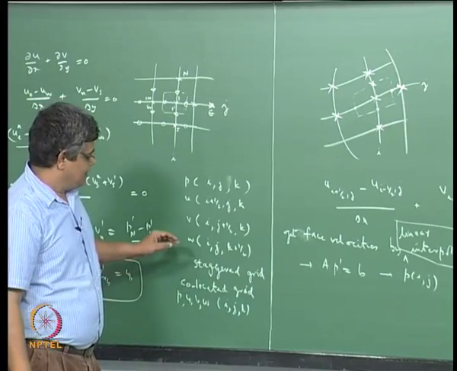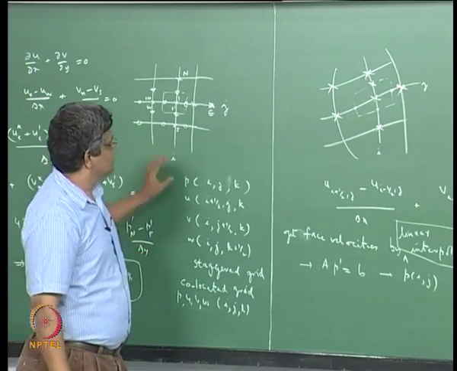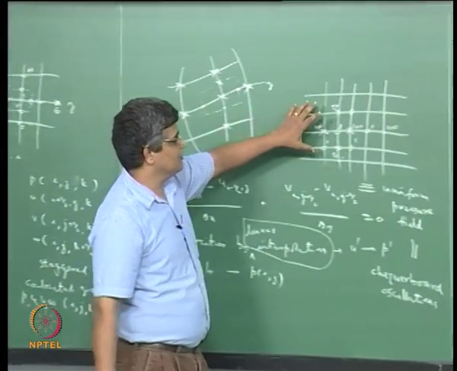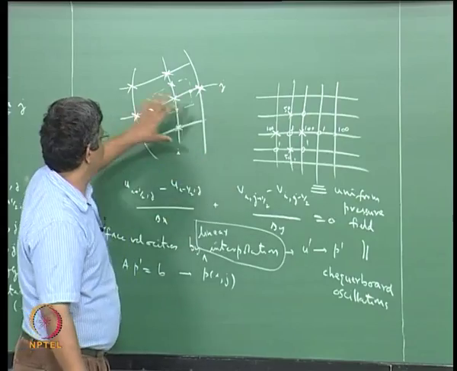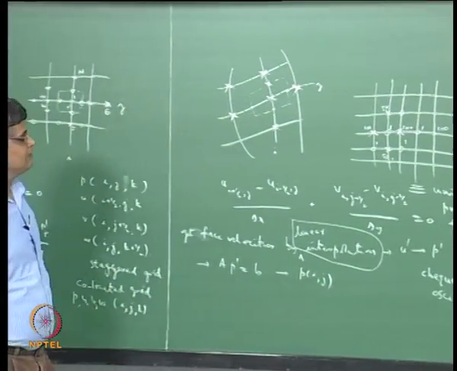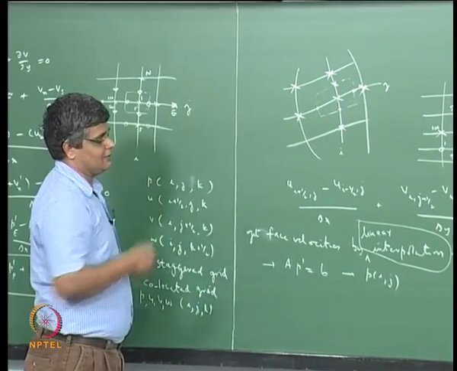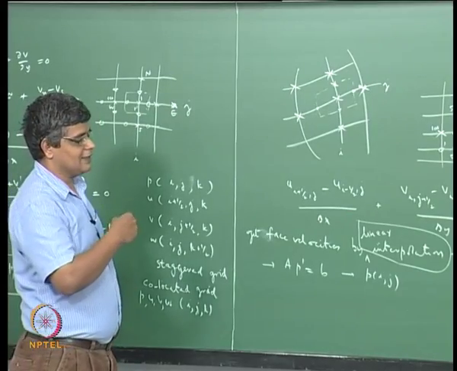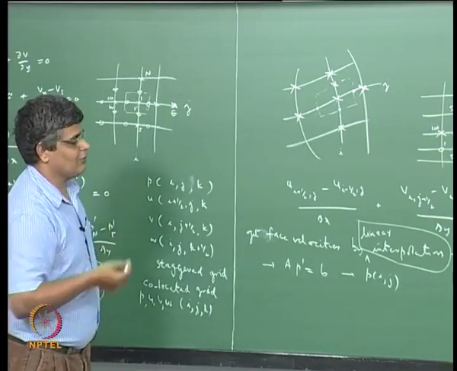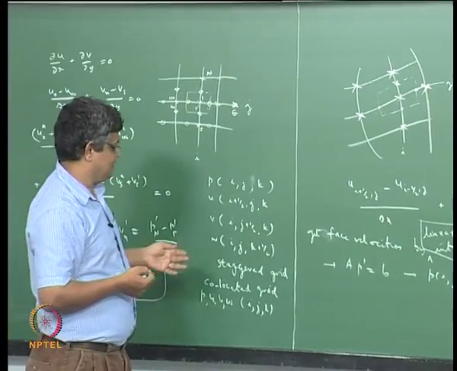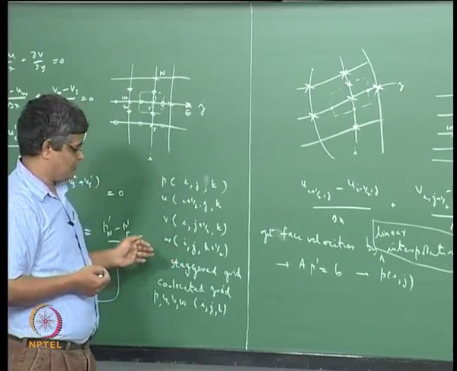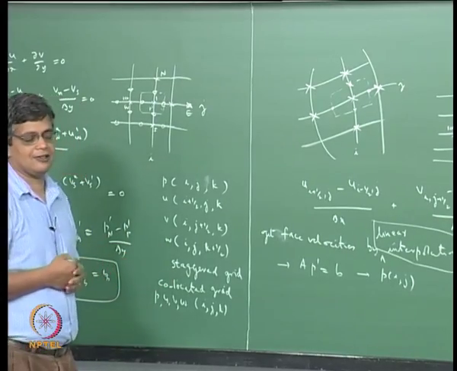But while the staggered grid approach is readily implementable for a structured simple grid like this, when you are looking at a complicated flow domain where the grid lines curve around bodies of arbitrary shape, in such a case the staggered grid approach is not possible. We must use a collocated grid.